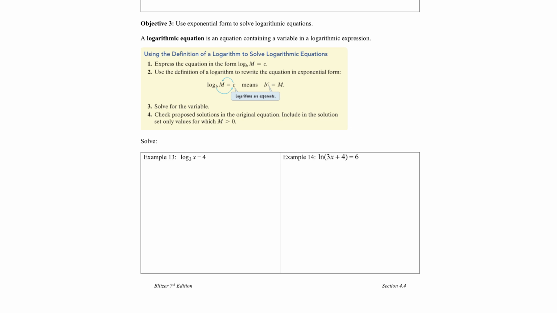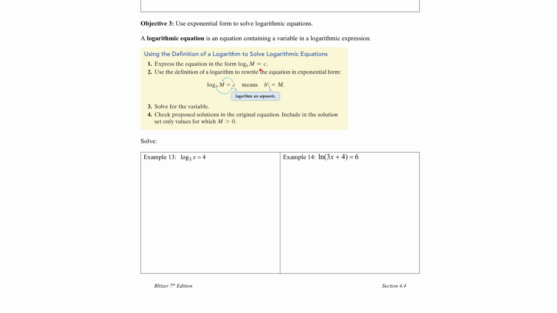Much the same way for logarithms and logarithmic equations, we're going to have two basic methods of solving them. And the first one that we're going to look at is using the definition of a logarithm to solve logarithmic equations. And if you notice, the first thing that it says to do is to express the equation in the form log to the base b of m equals a constant.